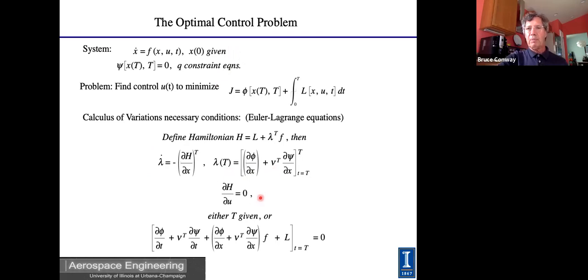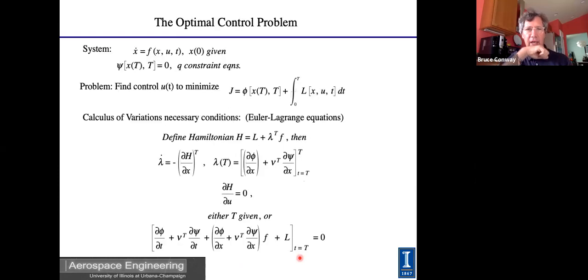Then what's called the optimality condition, that the partial of the Hamiltonian with respect to the control variables has to be equal to 0. And then either the final time is specified, or you can add this scalar equation that has to be satisfied at the final time and allows you to find out what the optimal final time is.